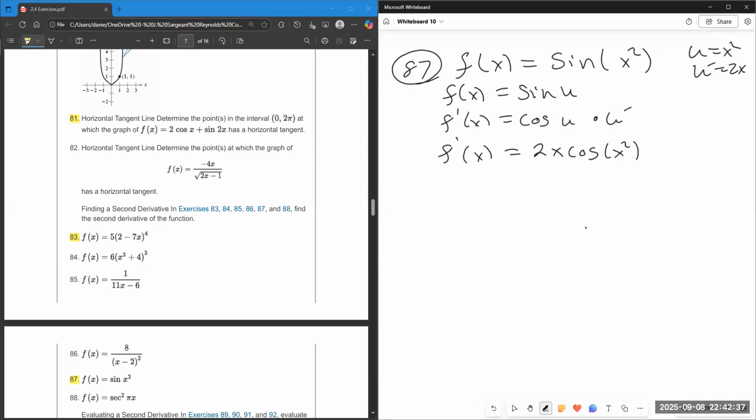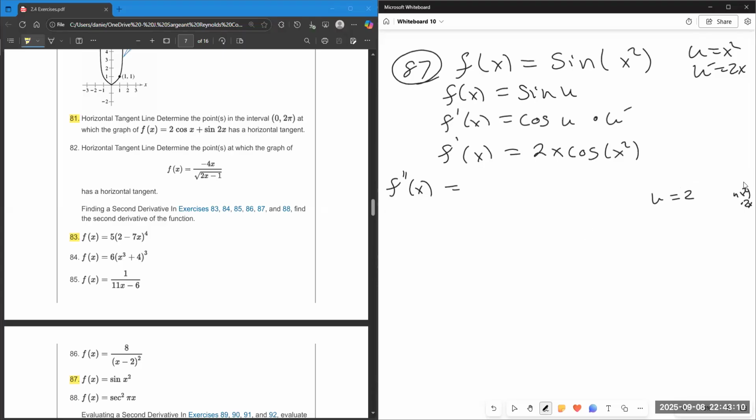I have a product rule involved here. So f double prime of x will be: u is 2x, and v is cosine of x squared. u prime is 2. v prime is negative sine of x squared times 2x.